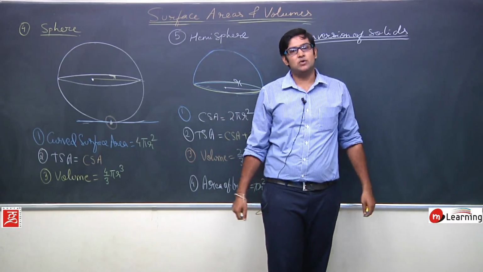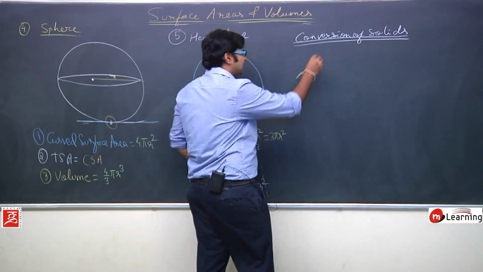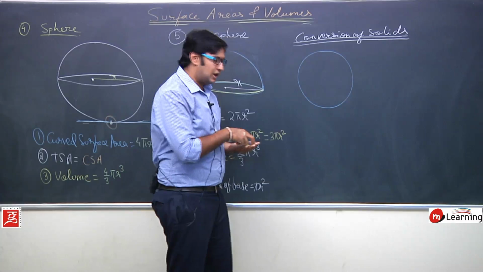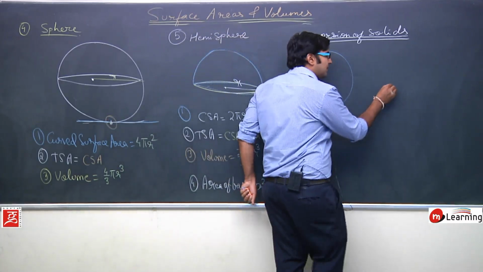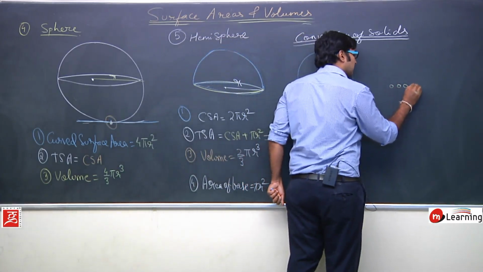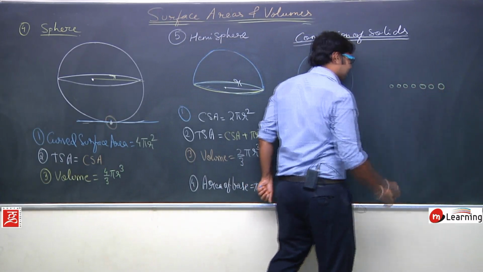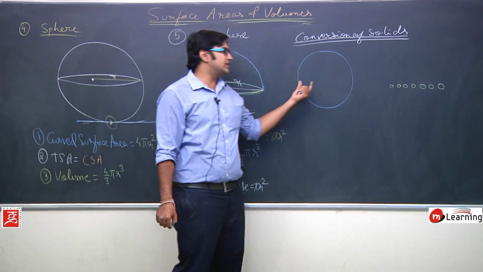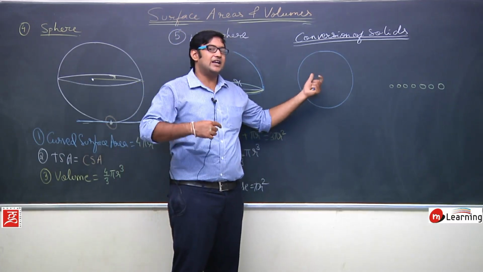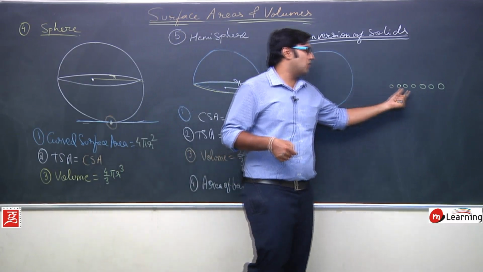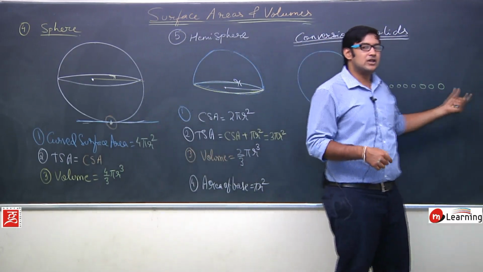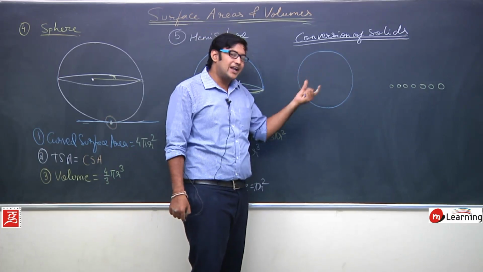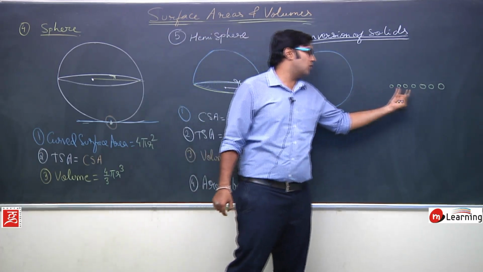It means what I am doing is, if this is my iron ball and I am melting this iron ball and making small ball bearings like this, it means I am using the iron that is contained in this ball to make these ball bearings. Now the iron that is available to me from this ball can only be used to make these ball bearings.